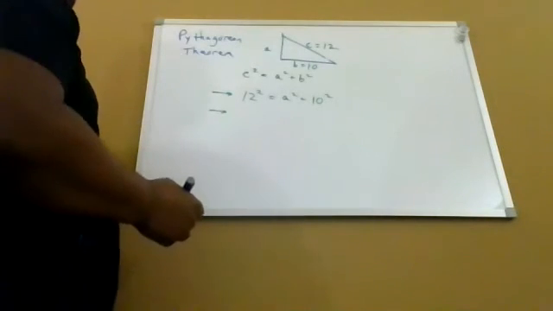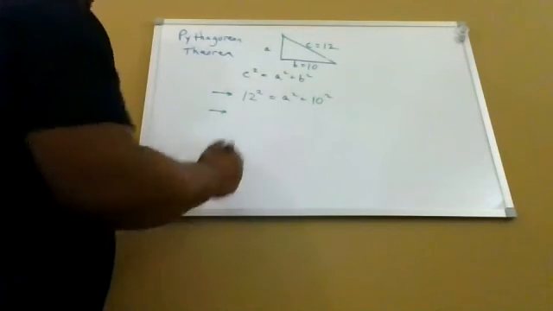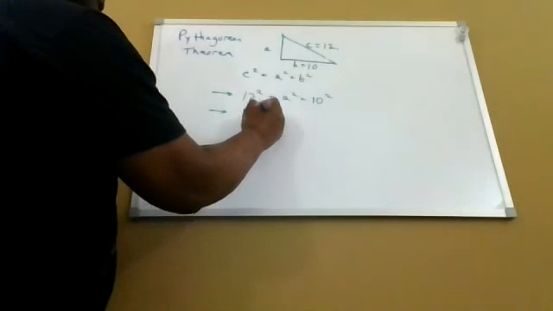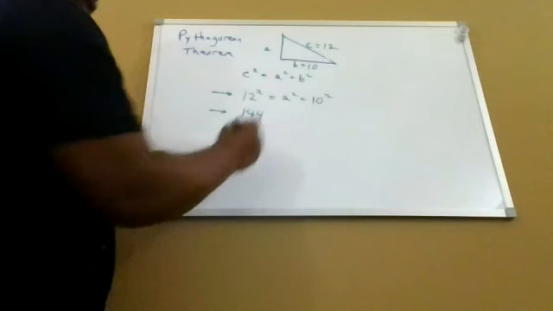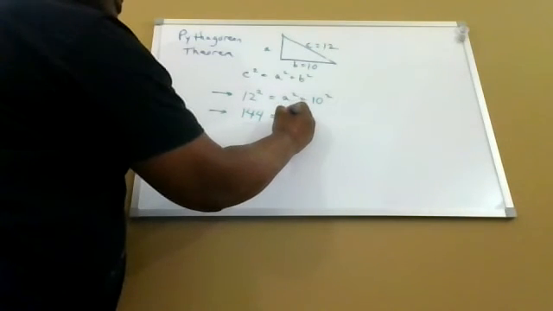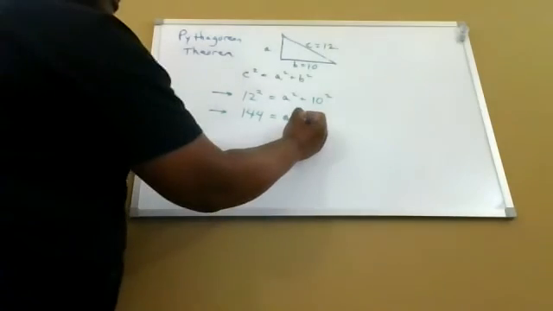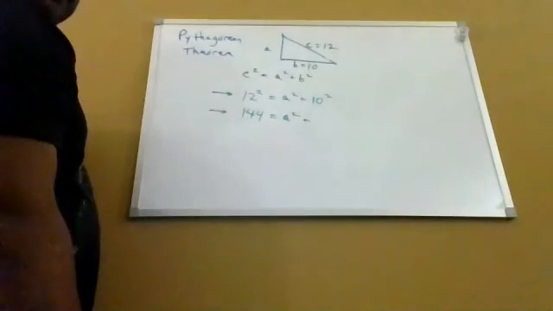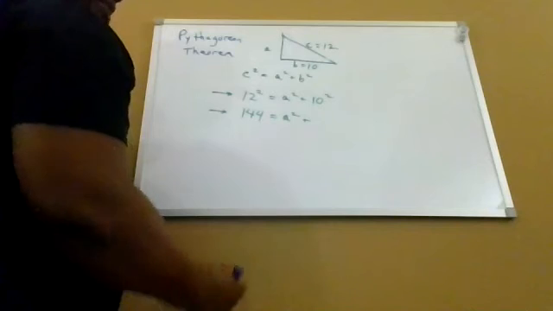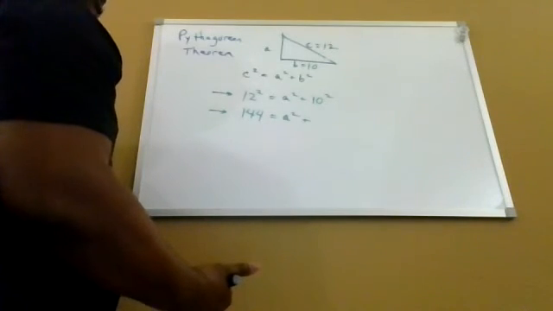Now, 12 squared means 12 times 12, which equals 144. Now that equals, bring down my a squared, and now plus 10 squared, which means 10 times 10, which equals 100.